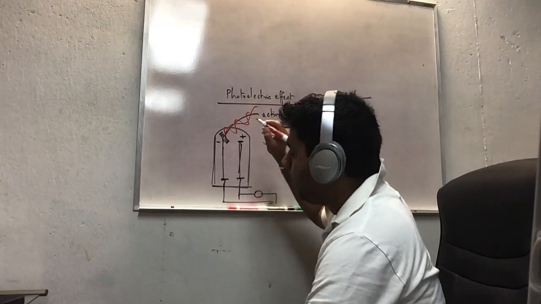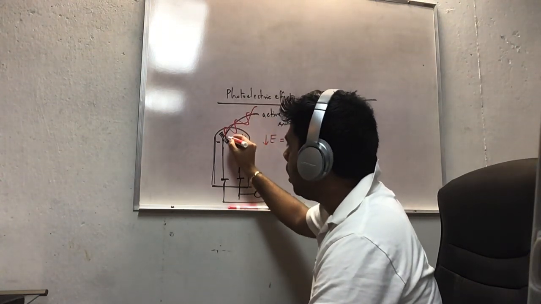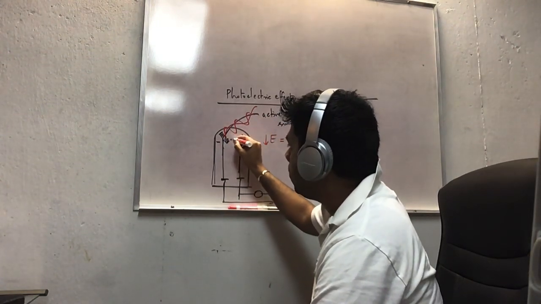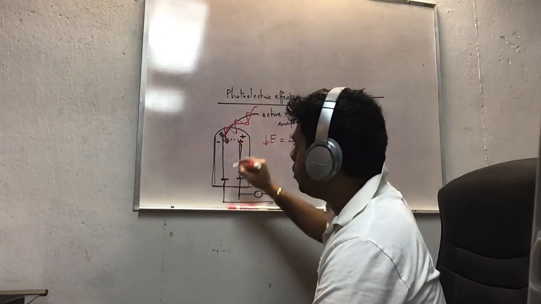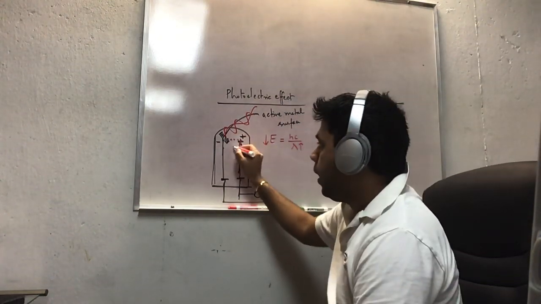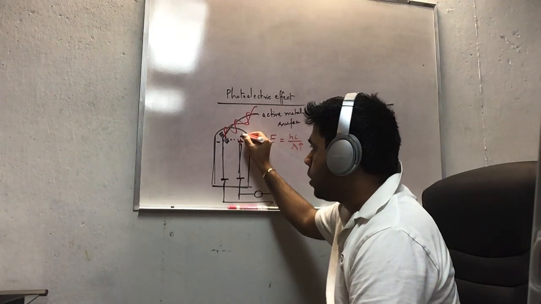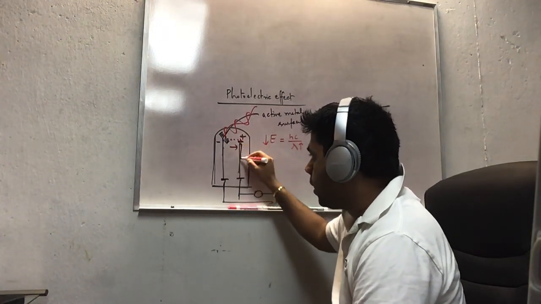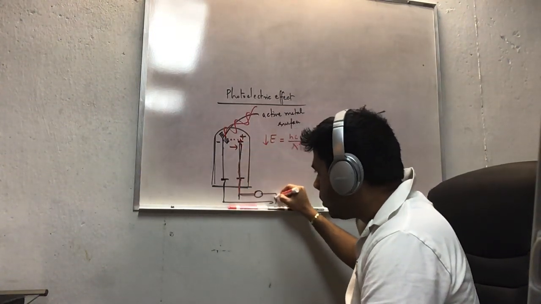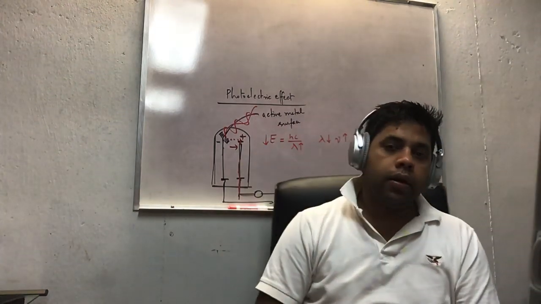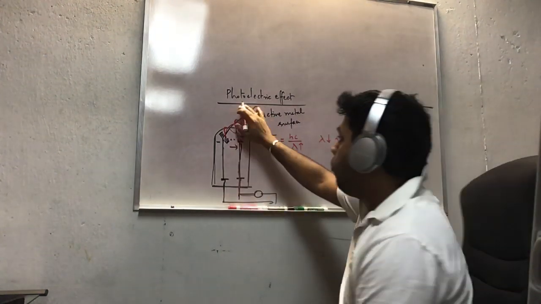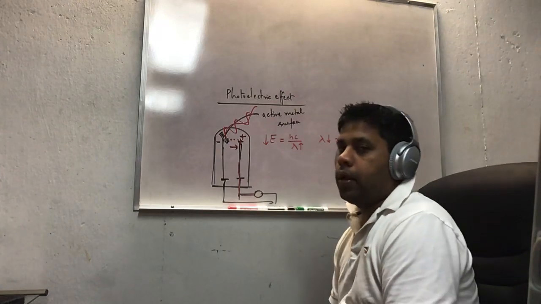This energy light was able to knock out electrons from the active metal, and the other electrode was positively charged. Electrons are negative. It started attracting, and the current started to flow through the system. This is called the photoelectric effect.